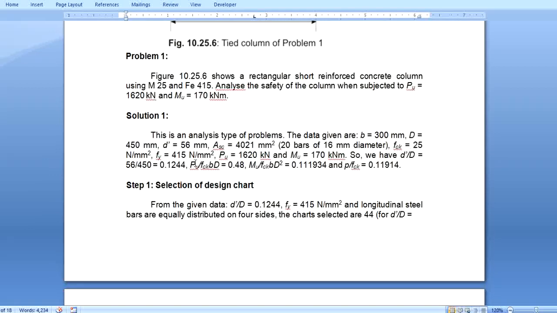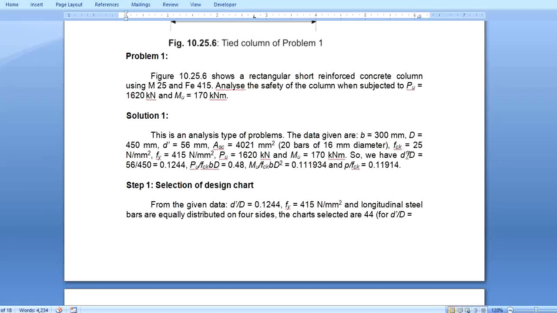FCK is equal to 25 Newton per mm square, Fy is equal to 415 Newton per mm square. Pu, the ultimate load to be carried, is equal to 1620 kilonewton, and Mu is equal to 170 kilonewton meter.